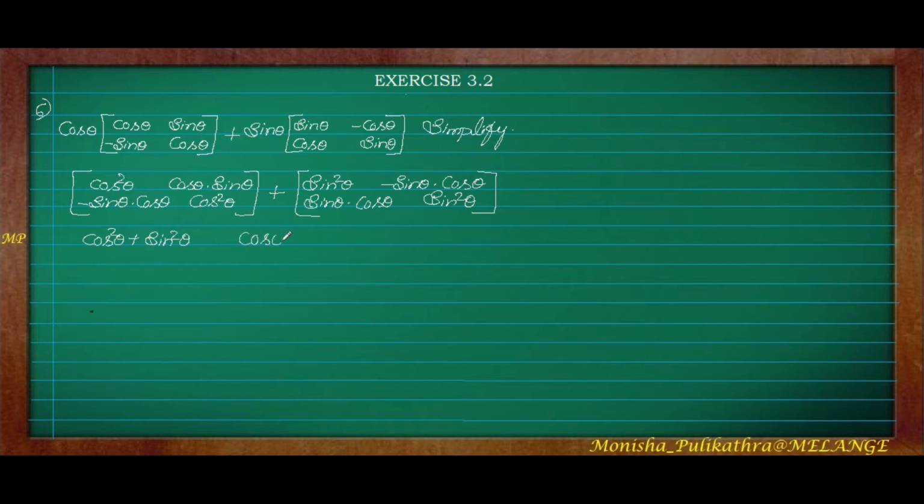Here cos theta into sin theta plus minus sin theta into cos theta, so minus sin theta cos theta plus cos theta sin theta. Here cos square theta plus sin square theta.